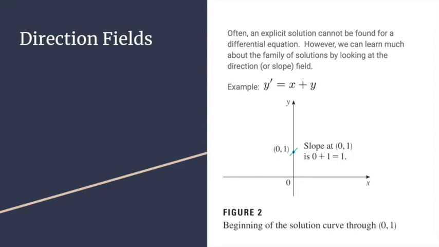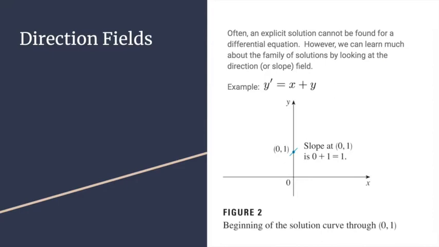So what we're doing is letting the differential equation itself tell us some information about the solution. Notice on this picture that at the point 0, 1, where x is 0 and y is 1, that would give us a slope of 1. 0 plus 1 gives us 1.